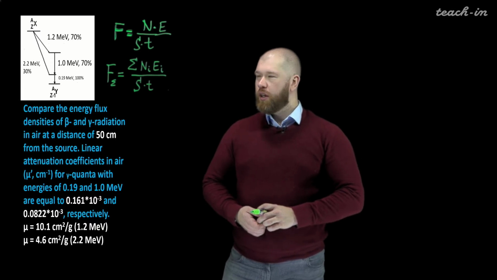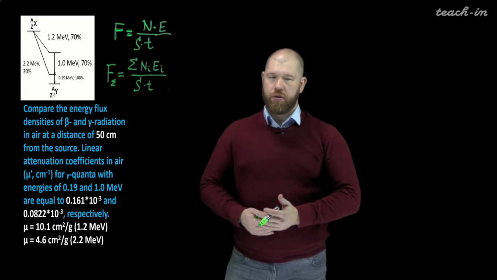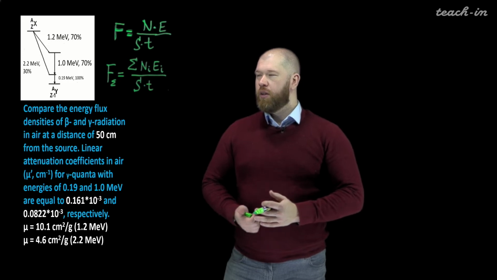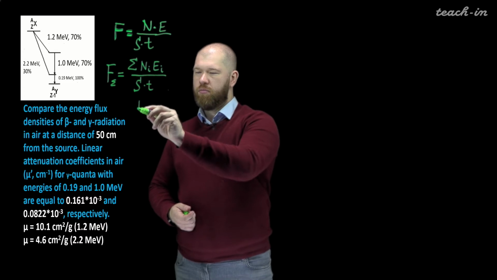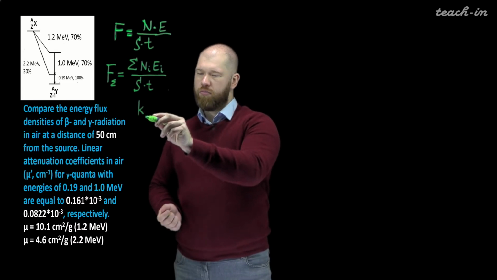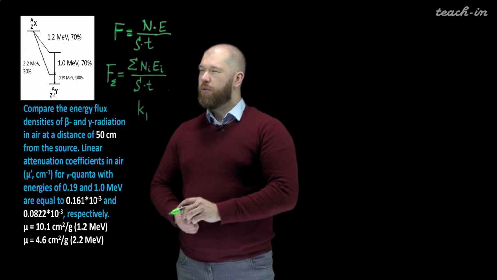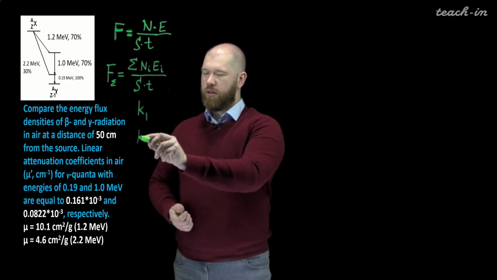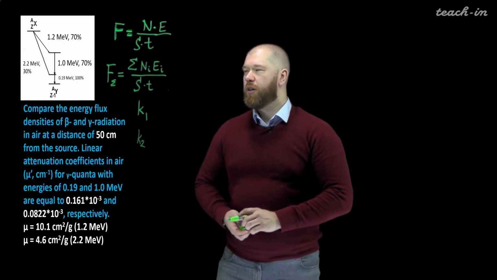So again, for beta particles, we have to take into account the attenuation or absorption of the beta particles by air. So let's calculate the attenuation, let's say 1, for beta particles with energy 1.2 mega electron volts, and the second factor will be for energy 2.2 mega electron volts.